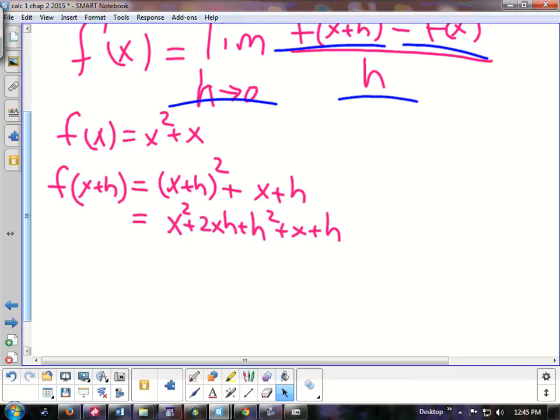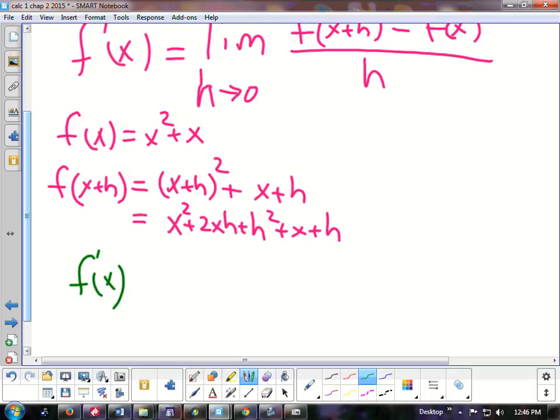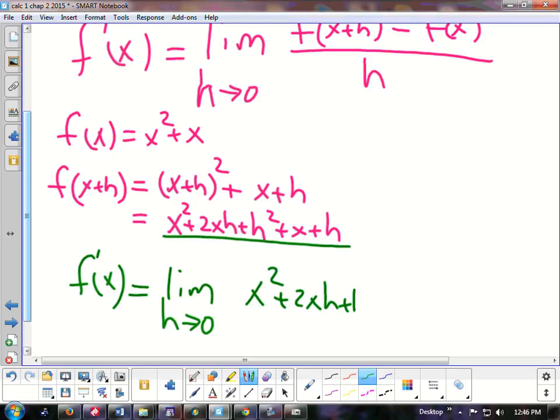Okay, so how do I do that? Well, let's write out the formula. Again, for most college classes, they want you to write everything out, so I'm going to show you it that way. I write the limit each time. So I'm going to put in f of x plus h, which turned out to be this: x squared plus 2xh plus h squared plus x plus h, minus f of x.